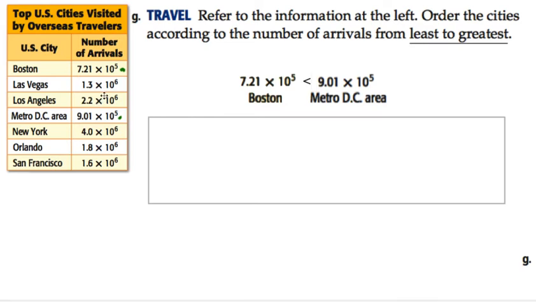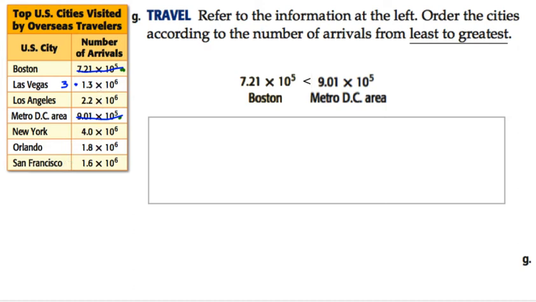From there, you can compare the ones that have 10 to the 6th exponents. Okay, so we'll do that one in blue. So which one comes first? Which is the smallest of the ones left? So we've already done this one. We can cross that one off, and we've done this one. We can cross that one off. Just look at the number parts. Which number is the smallest? Okay, and it looks like Vegas is the smallest, so that's going to be number 3, right? Which one's the next biggest?